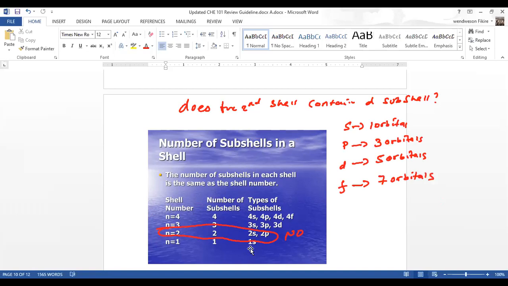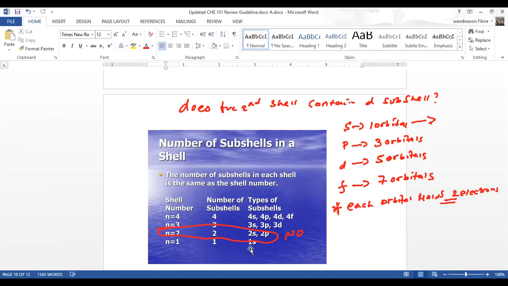The Pauli exclusion rule says that each orbital holds 2 electrons, the maximum. So how many electrons do you expect in the S subshell since it has 1 orbital?